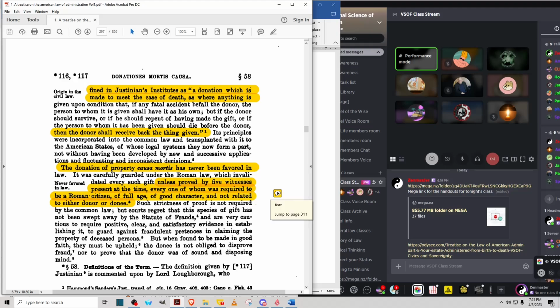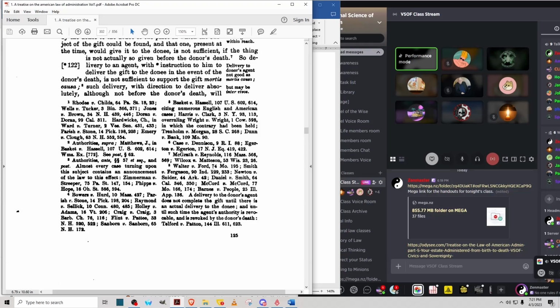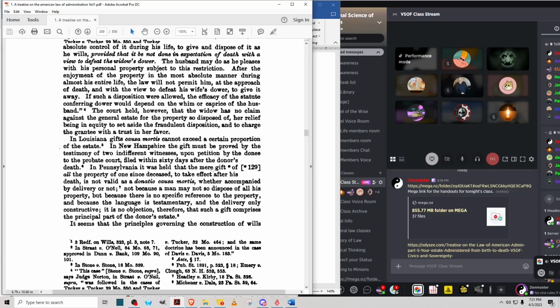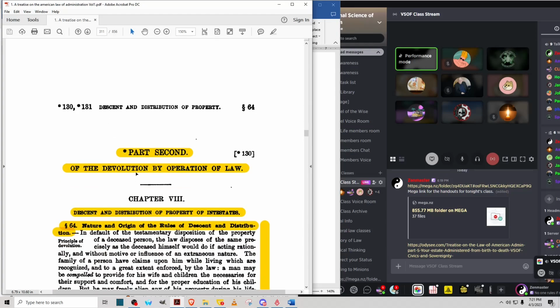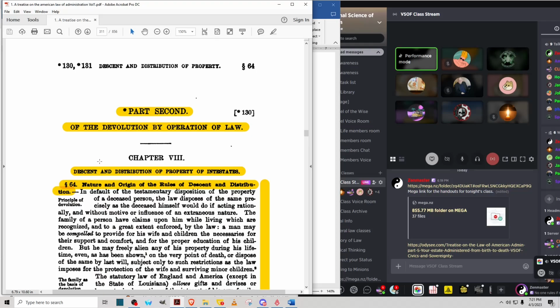Now we're going to skip all the way down to page 311. Let's go down here a bit. And again, I'm skipping over a lot of things, because when you read a treatise of law, they cover every single tiny detail of any variance of what could possibly happen in any given situation.